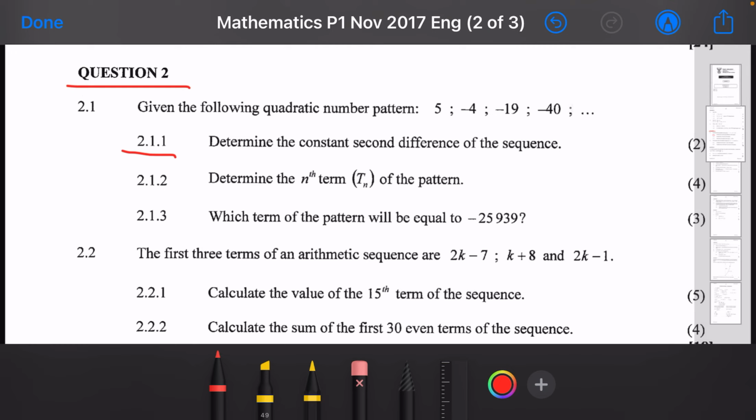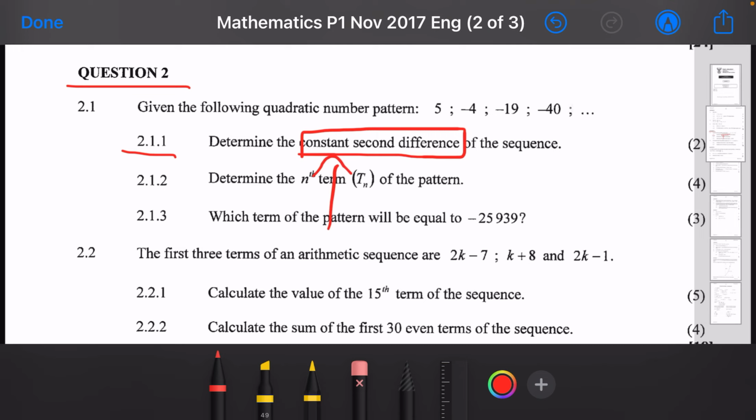In most cases, if they did not mention the type, you would need to use the given pattern to find out if it's geometric, arithmetic, or quadratic.